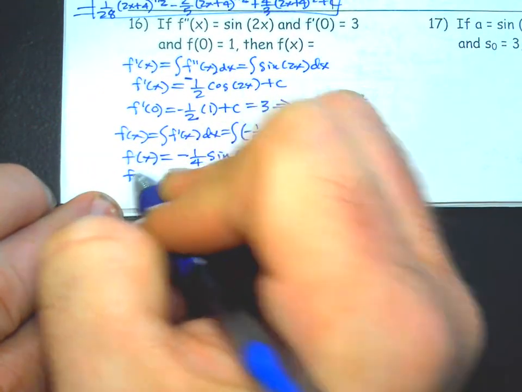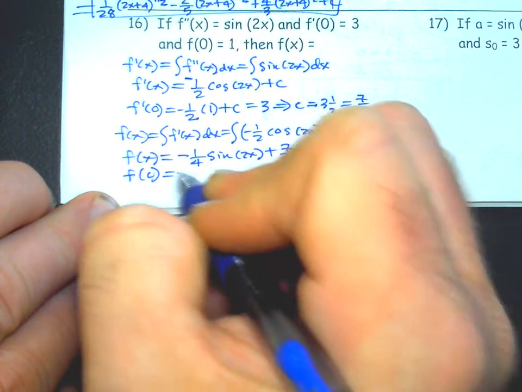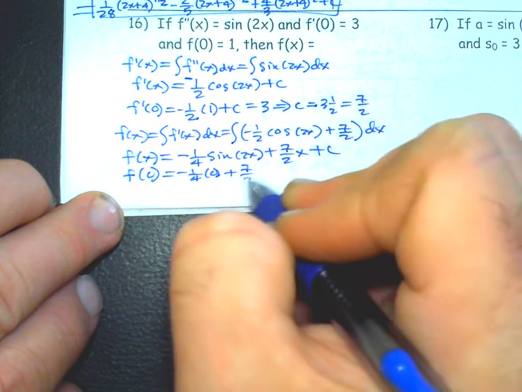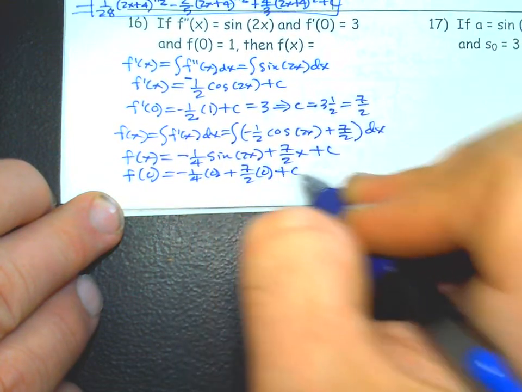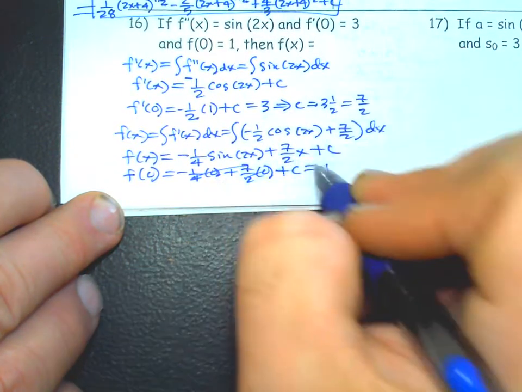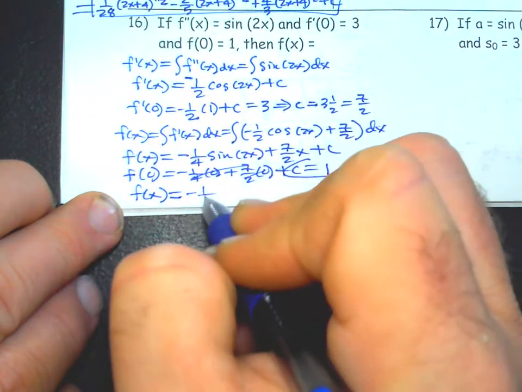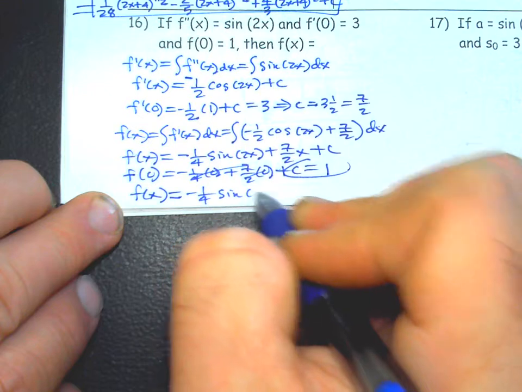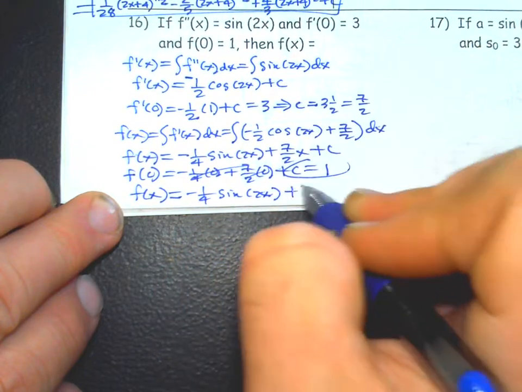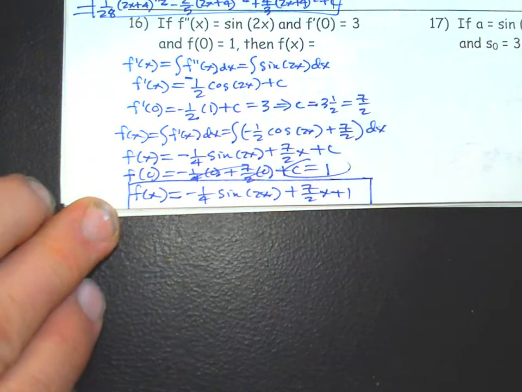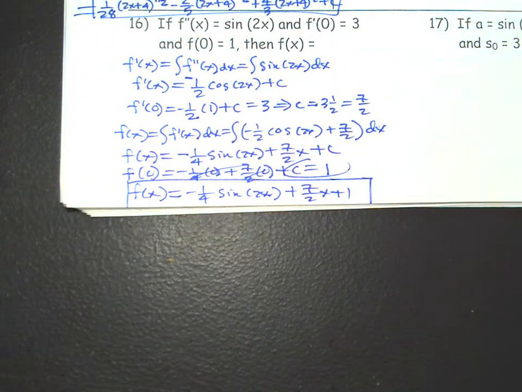So we're going to use the initial condition, plug 0 in. Sine of 0 is 0. That's 0. It should come out to 1. So c equals 1. So the original function is negative 1/4 sine 2x plus 7/2 x plus 1. Okay.